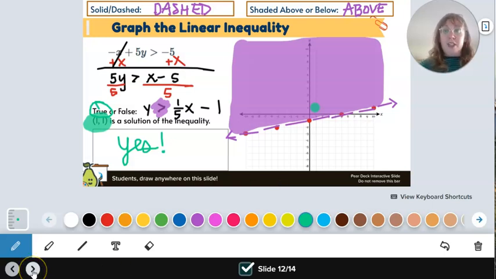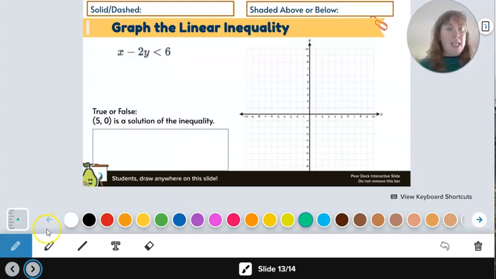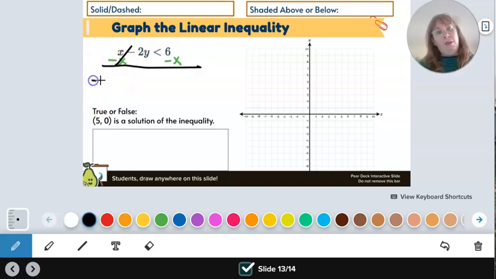Last one on slide 13, push ahead. Last one we're going to graph today. The first thing we're going to do here is subtract this x, because we've got to get it into slope-intercept form, which means y is by itself. So we have -2y is less than -x plus 6.